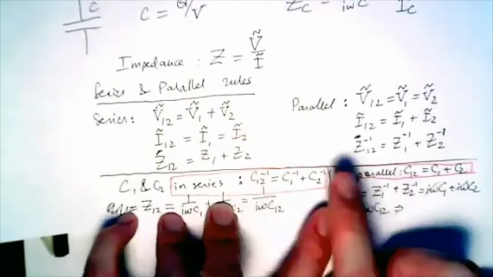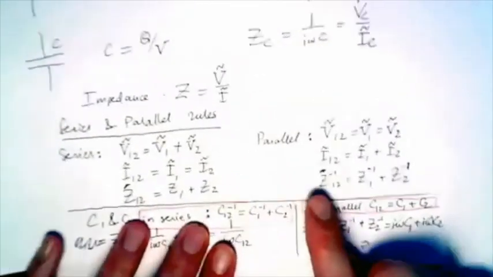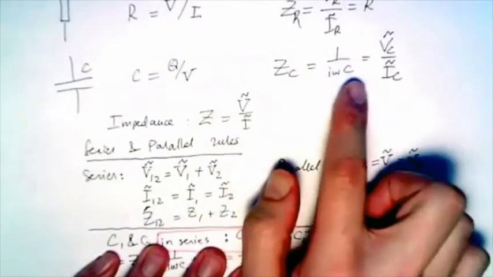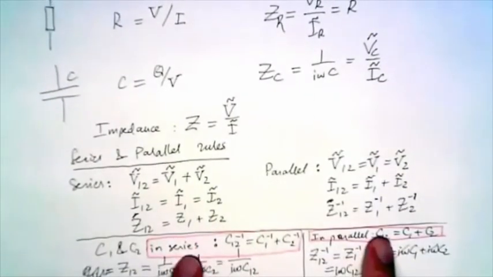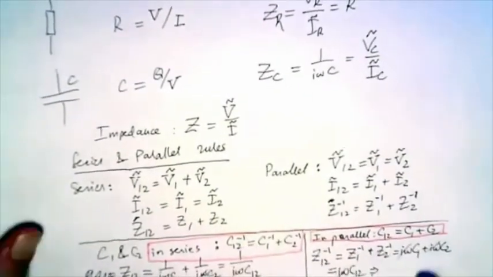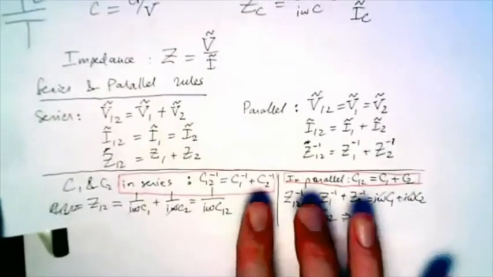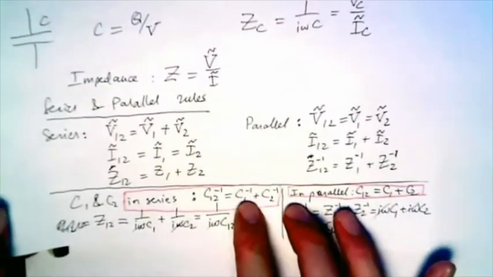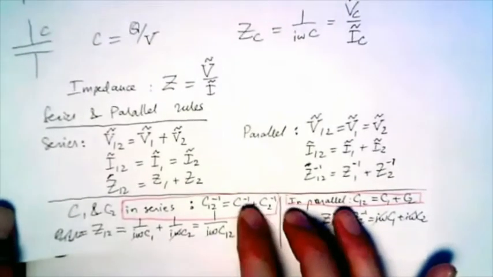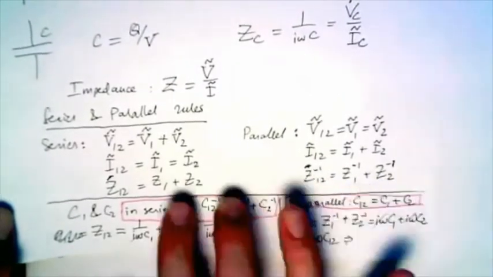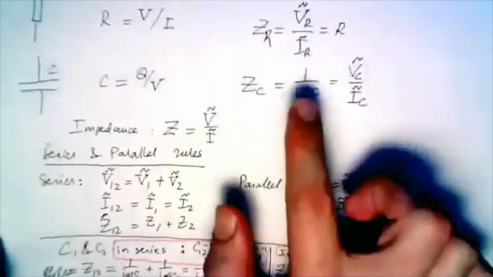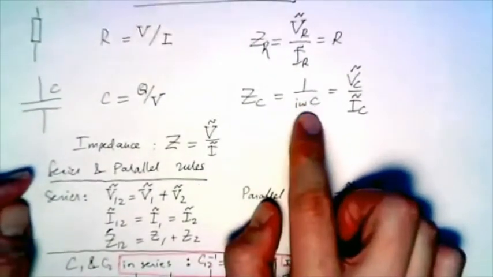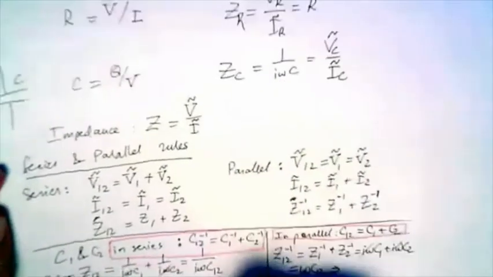The capacitors do the exact opposite because the impedance goes like 1 over C. But if you remember what the impedance of a capacitor is, and you remember that impedances combine just like resistors do, then it should not surprise you that the capacitors do the opposite, because the impedance goes like 1 over the actual capacitance.